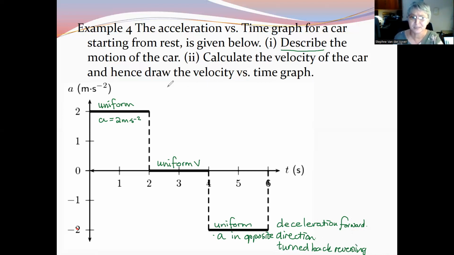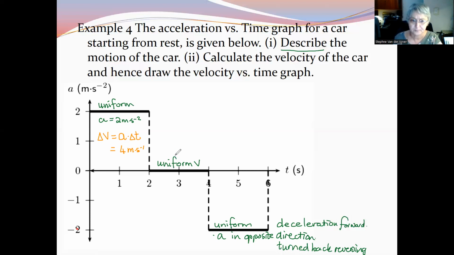Now, from an acceleration time graph, the velocity, or the change in velocity, would be the acceleration times the time. So the area under this graph. So 2 times 2 would be 4 meters per second. So in the first 2 seconds, the car moved from 0 to 4 meters per second.